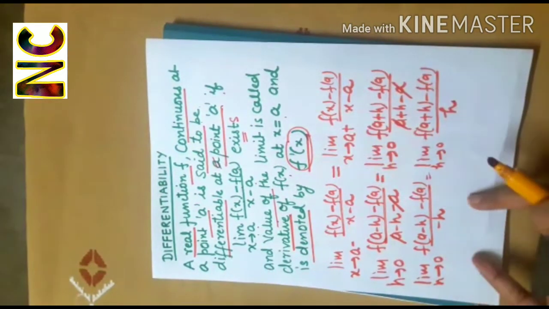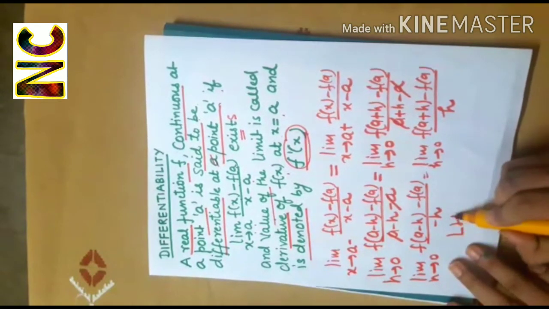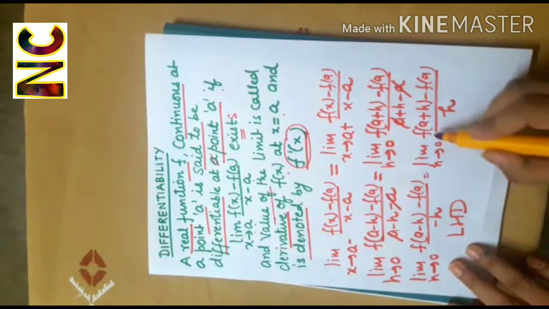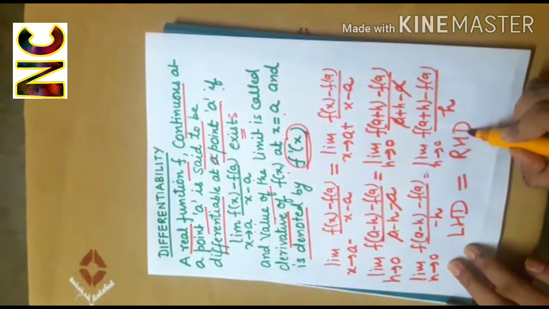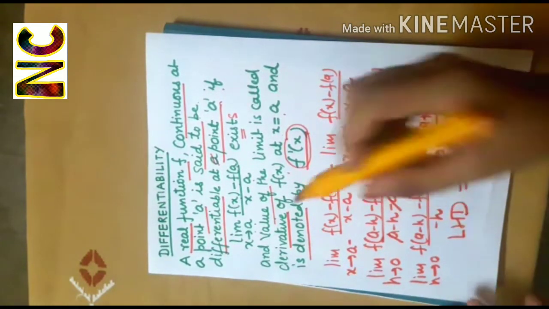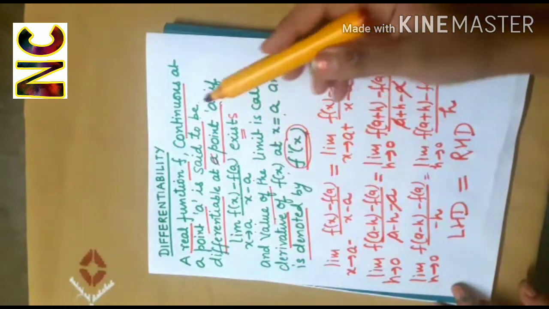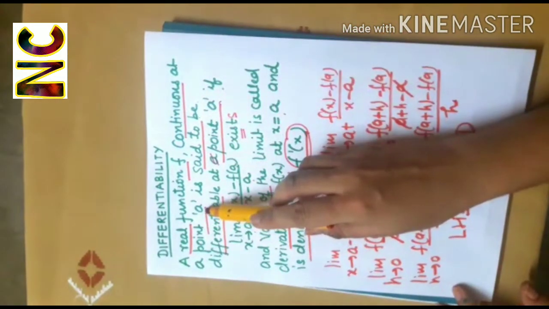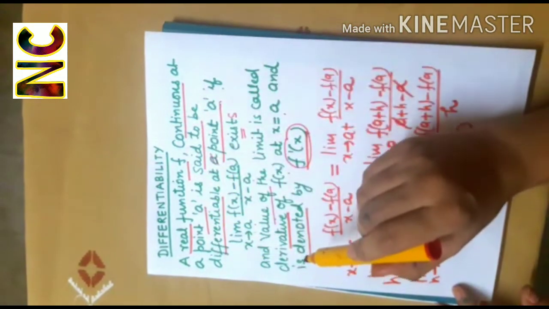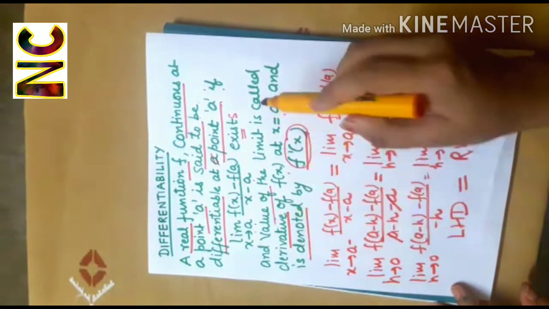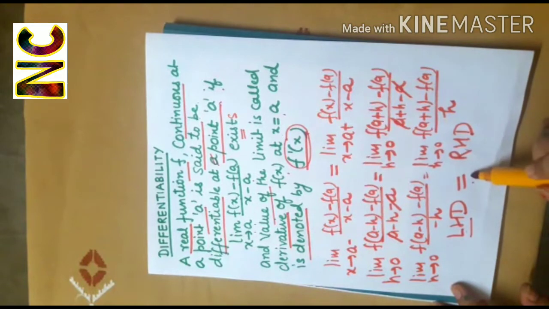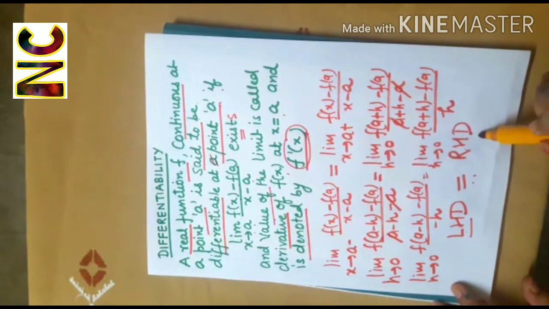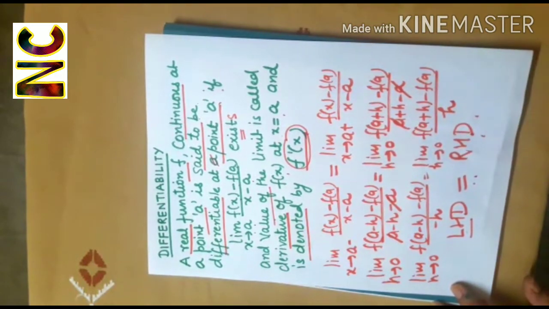Now, this is called the left hand derivative, and this is called the right hand derivative. So I can say that a function continuous at a point a will be differentiable at that point a if the left hand derivative at a is equal to the right hand derivative at a.